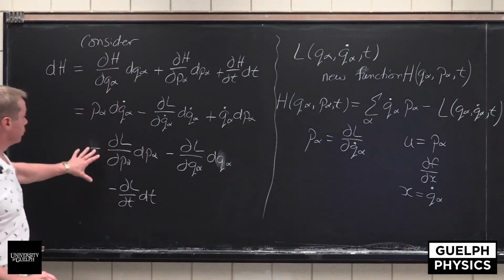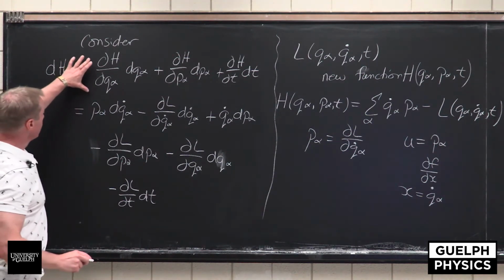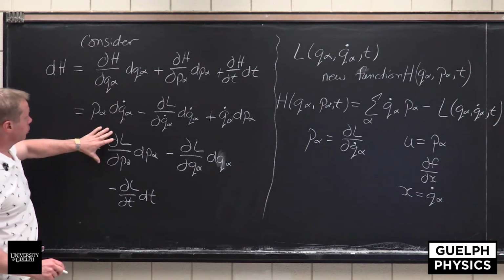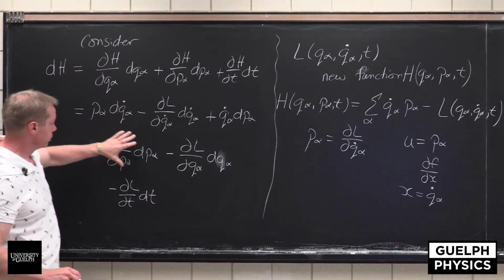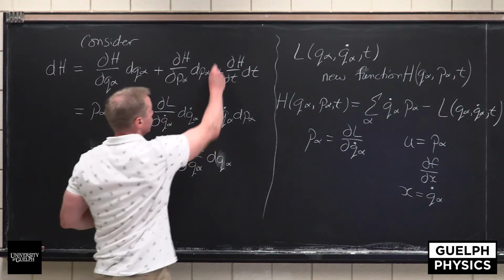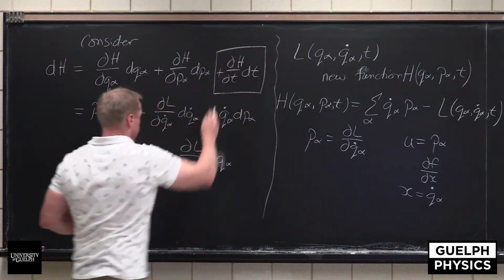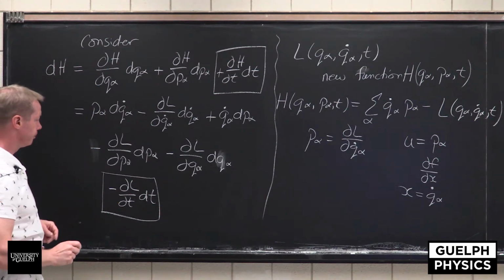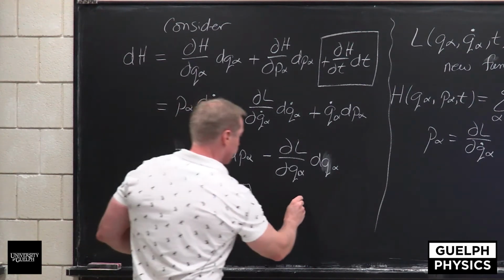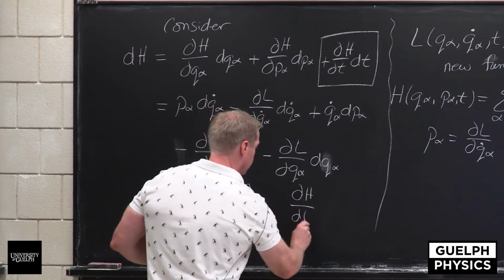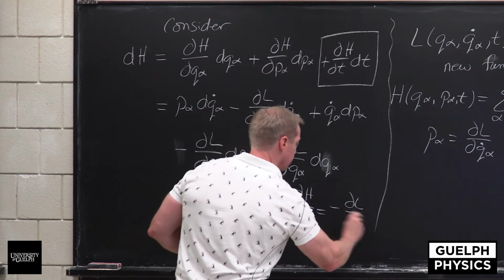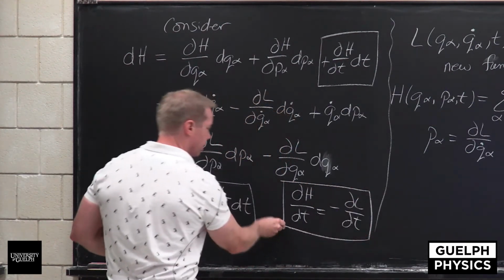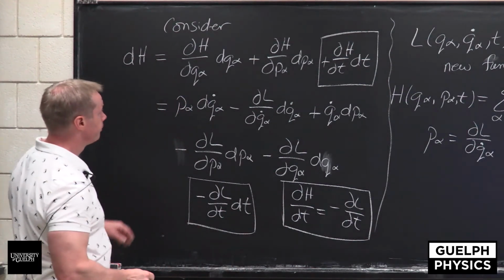So these are all of my terms. So now we can look at the dependence on these two lines for specific quantities. So notice that there's only one on each side that involves the time. So instantly I can say that dH by dt is minus dL by dt. So that's a key equation.